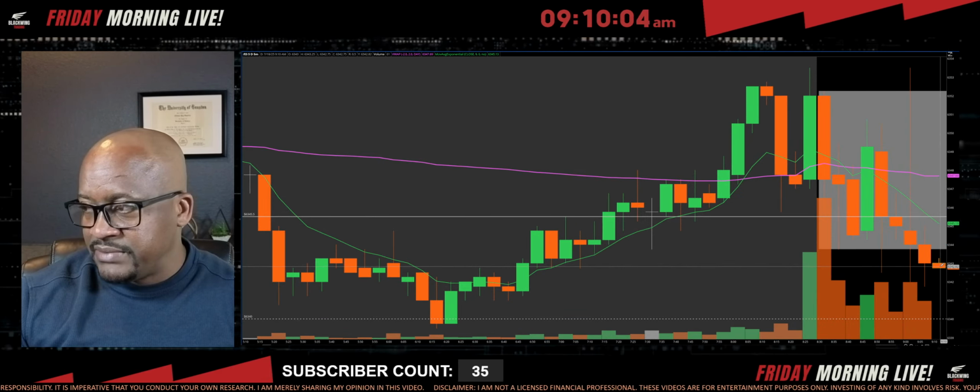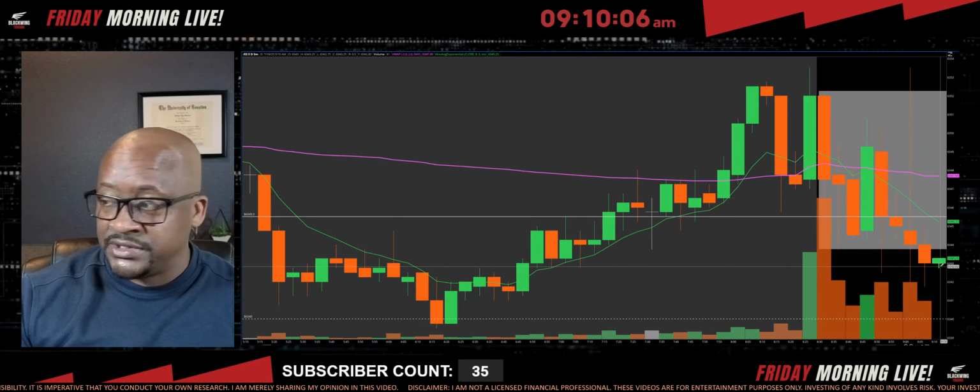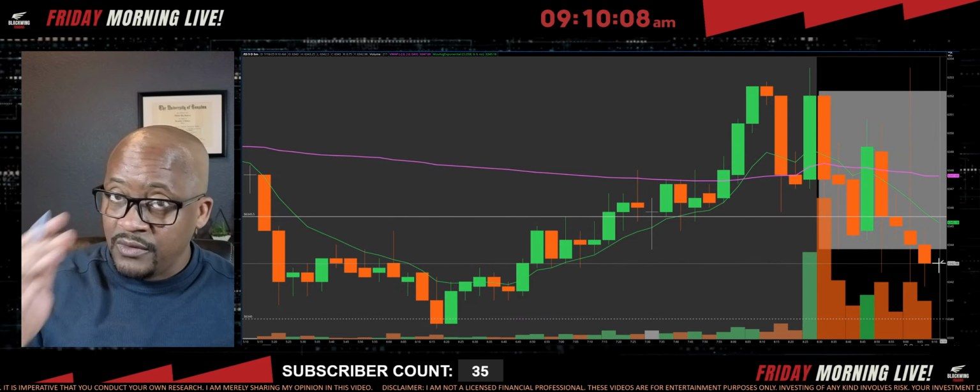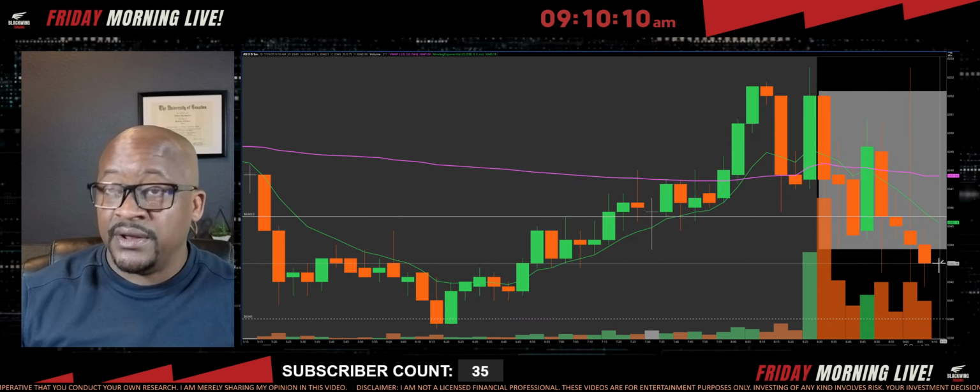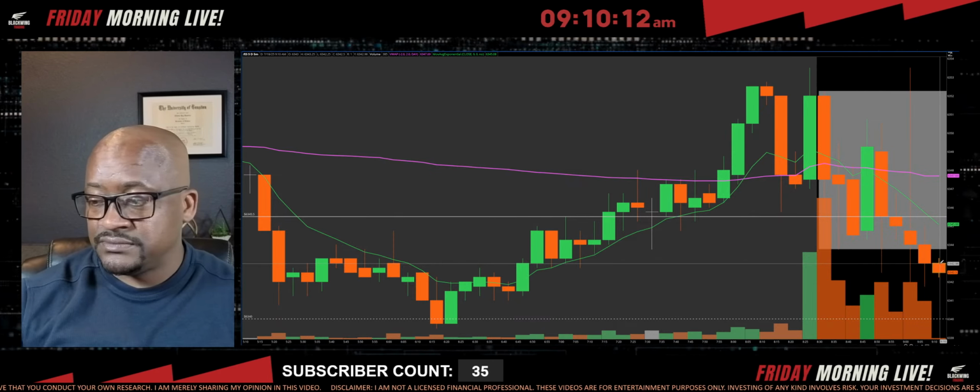All right, so this would be my 5 minute confirmation candle. This next candle would be the 5 minute confirmation candle to make sure that it's still going down.